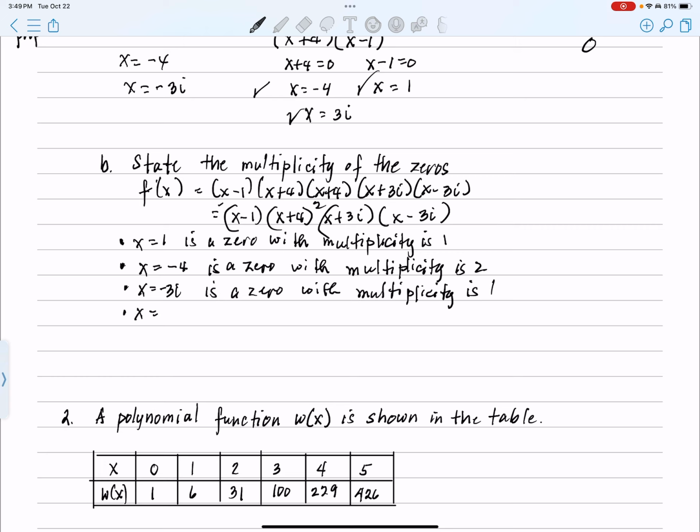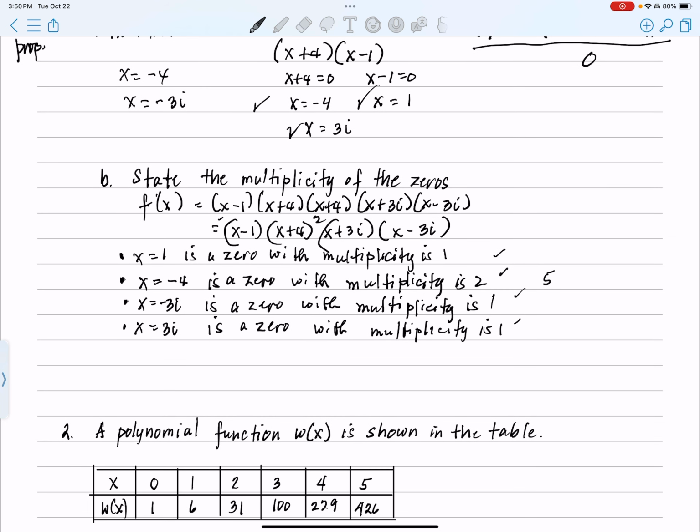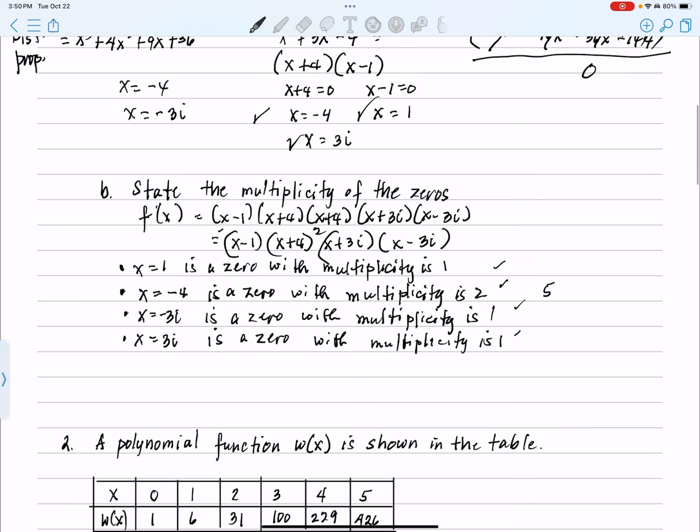While x equals 3i is a 0 with multiplicity of 1 also. So if we add up 1 plus 2 plus 1 plus 1, that is equal to 5. And that equates to the degree of the function that is given. I said there are 5 complex roots and you have 5 zeros with 5 multiplicity.